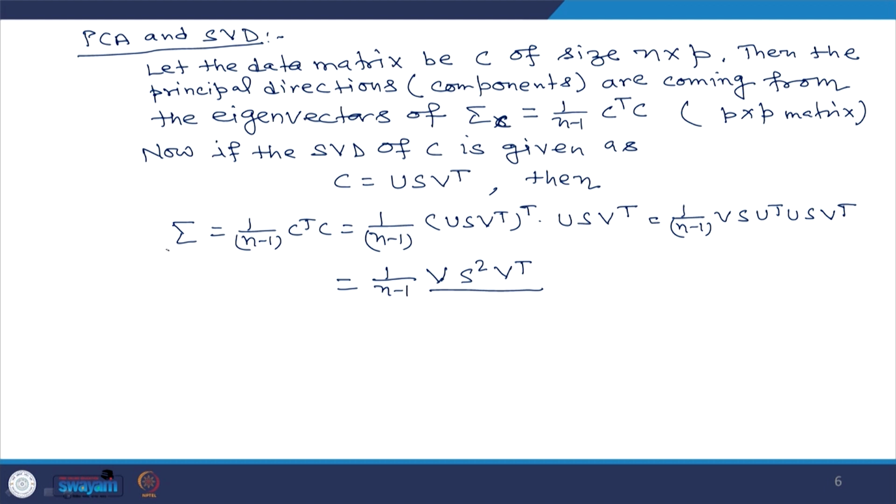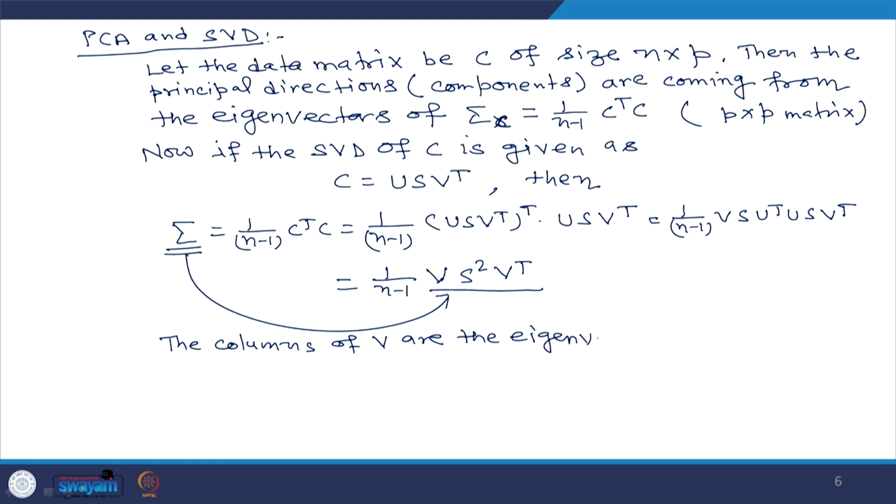Since this covariance matrix is a symmetric matrix and V is an orthogonal matrix, what I am having now? This is the orthogonal diagonalization of sigma. So, what are the eigenvectors of sigma? The columns of V are the eigenvectors of sigma. And what are the eigenvectors of sigma? They are the principal directions, they are giving you the principal components.